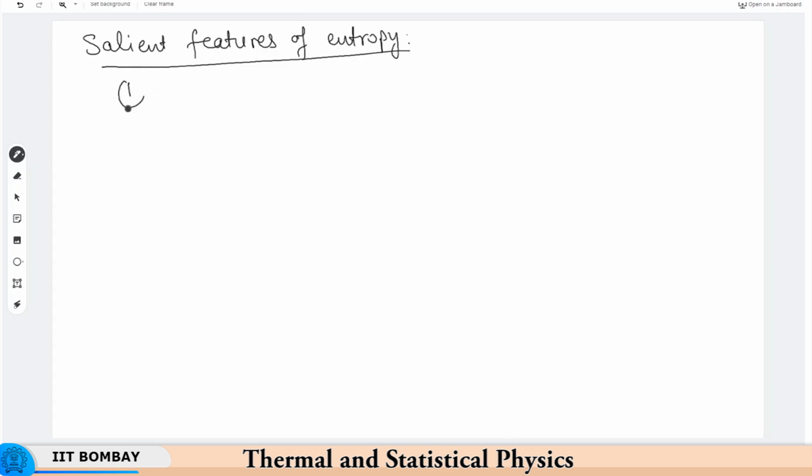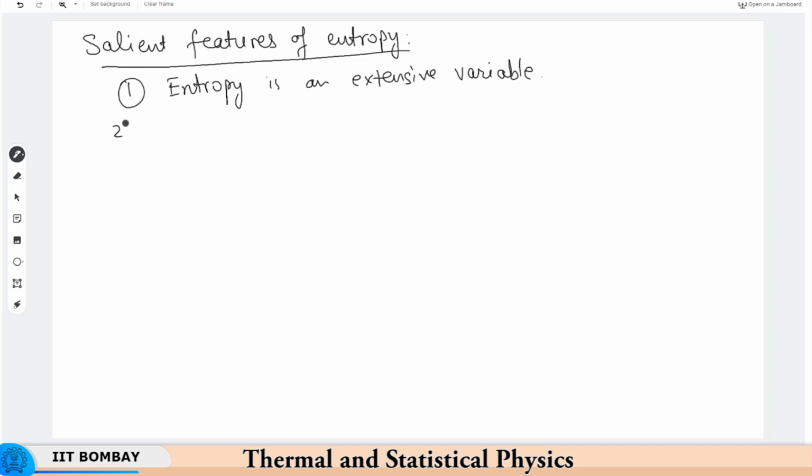You can already guess that entropy is an extensive variable, which means it scales with the system size. So if I have 10 molecules and if I have 20 molecules, 20 molecules will have more microstates because there are more positions and momenta associated with those molecules. So there are more microstates, so entropy scales accordingly.